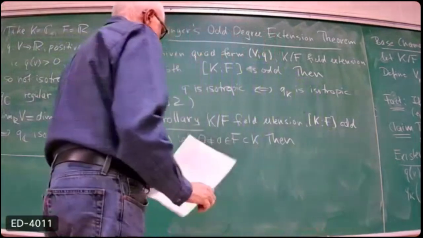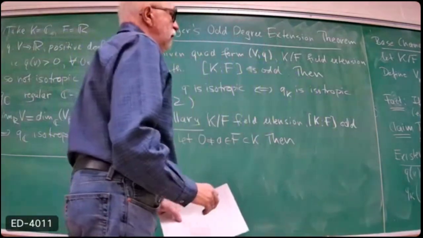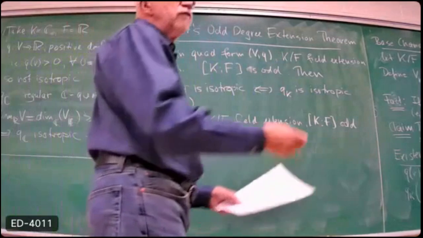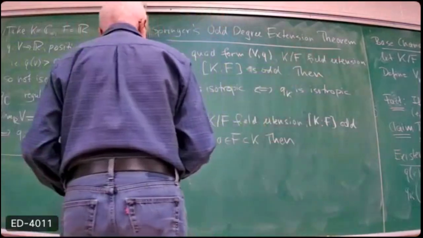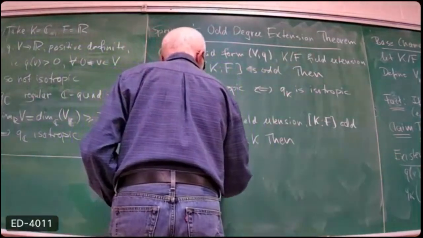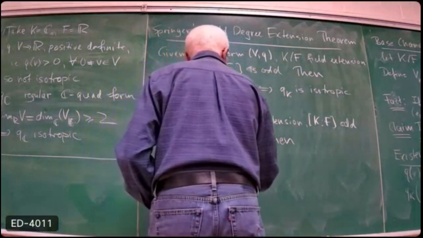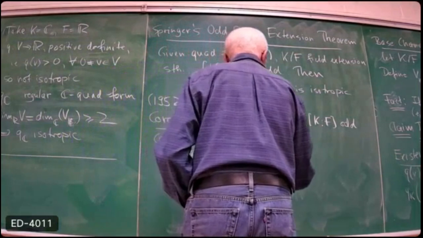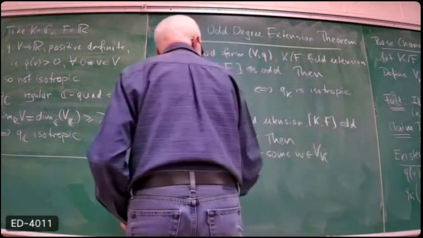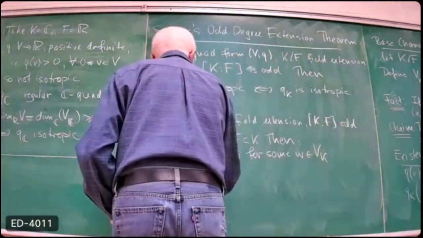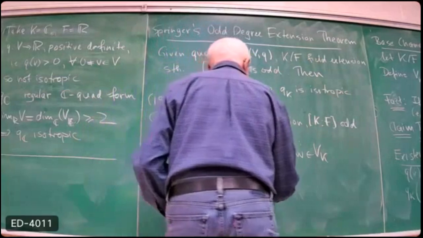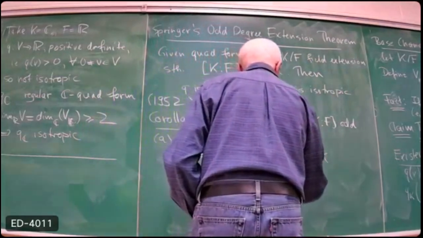Then, if A is the value of some vector over K, then you can go down, namely, A equals Q of some vector in F, if and only if A already is represented by Q itself.